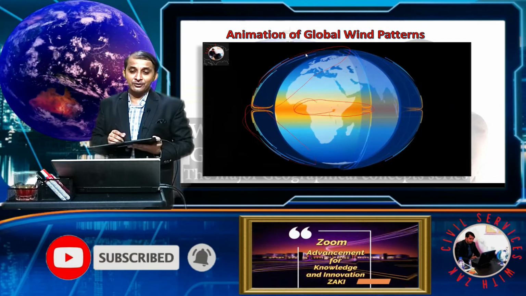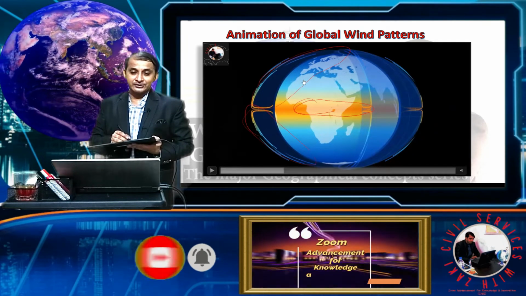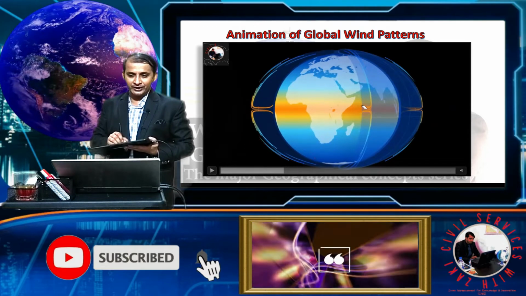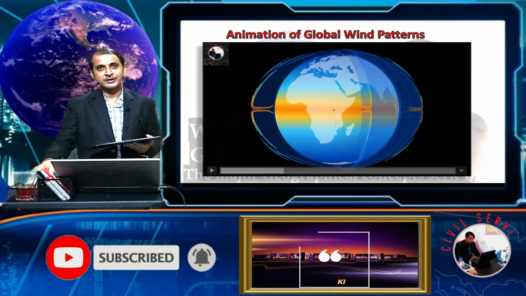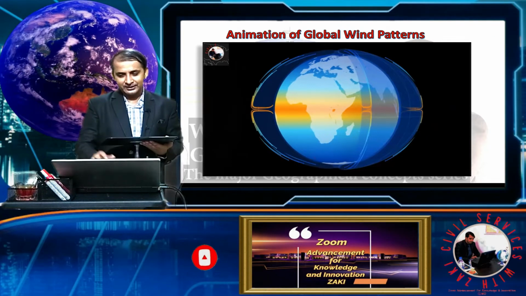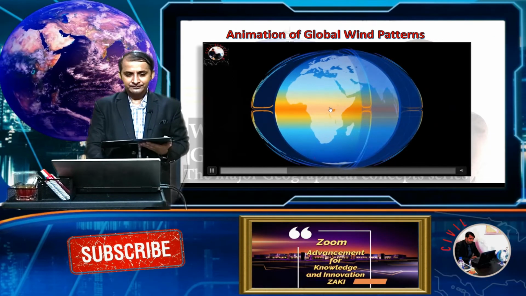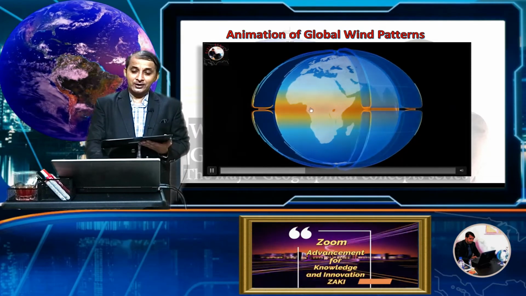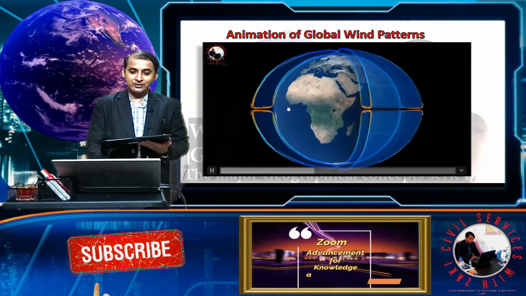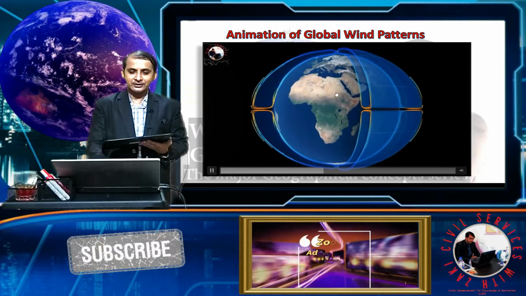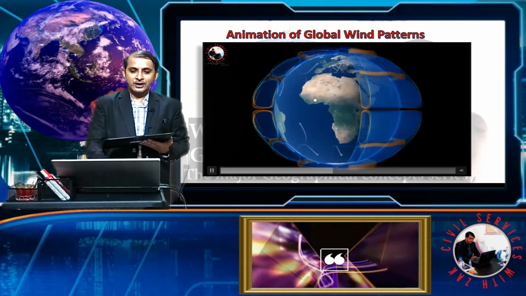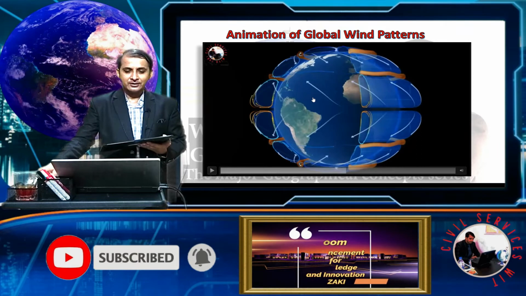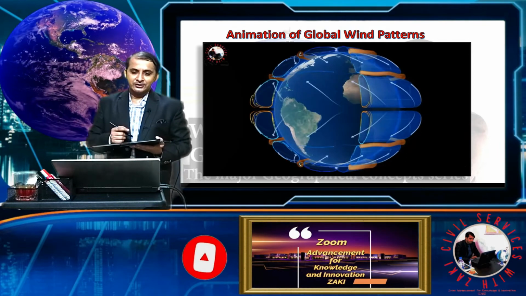But as we know, our Earth is rotating, which means after rotation it is converted into three cells. See here, three cells. This is a static Earth. As we know Earth is not static, here you see the Earth rotate, and after rotation of the Earth it is converted into three circulating cells, in both directions.